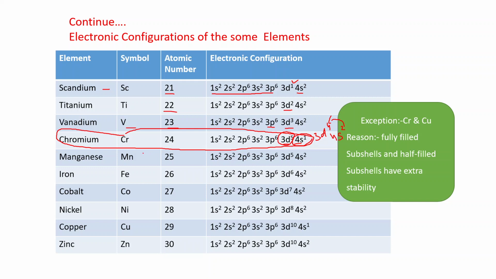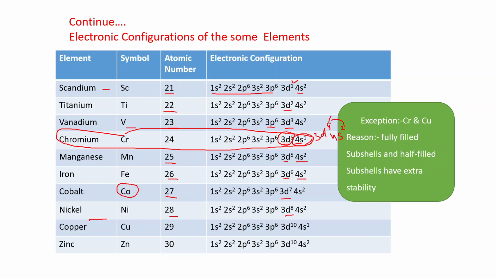Then manganese 25 is 3d5 4s2. Iron 26 is again 3d6 4s2. Cobalt 27: see the symbol of cobalt, C capital, O small. Don't write both capital, otherwise it will be carbon monoxide. This is 3d7. Nickel, Ni 28, is 3d8.